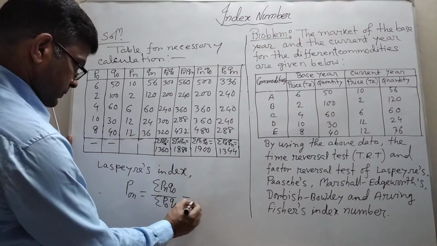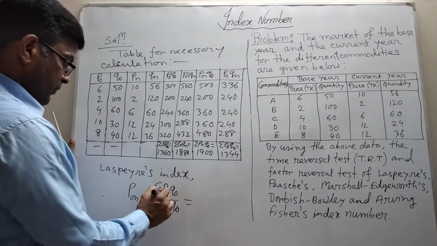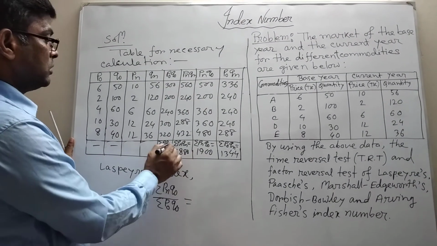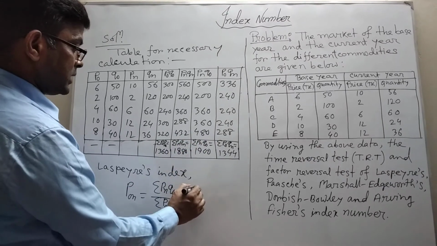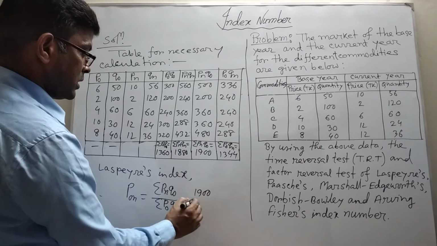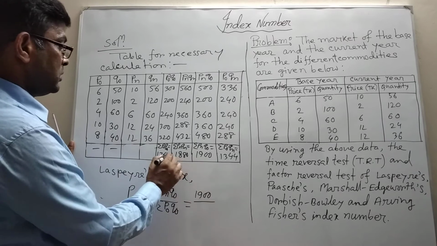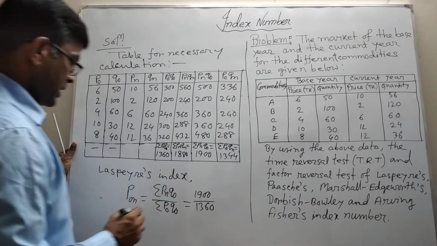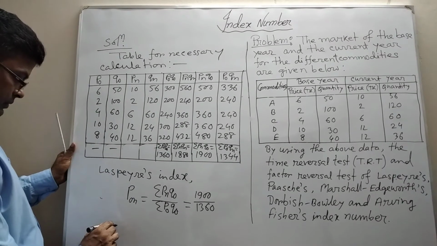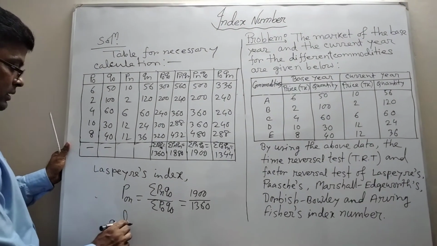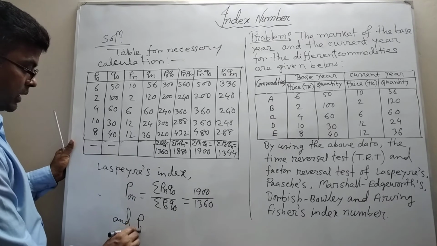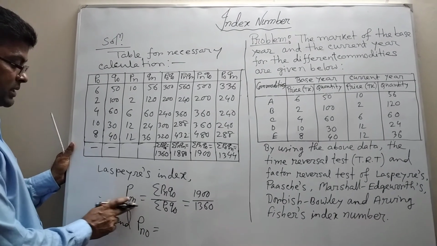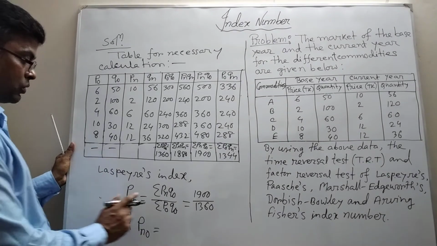So putting the value from the table, summation P1Q0 is 1900 divided by summation P0Q0, 1360. And P1 to 0, that means replace 0 by 1 and 1 by 0.